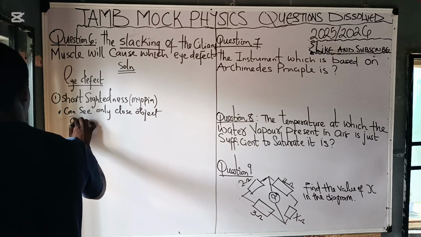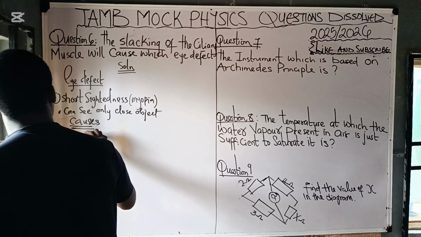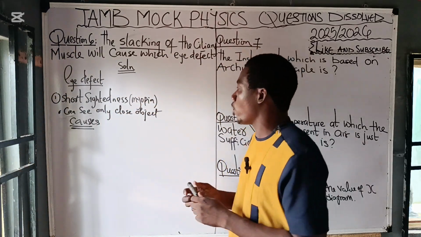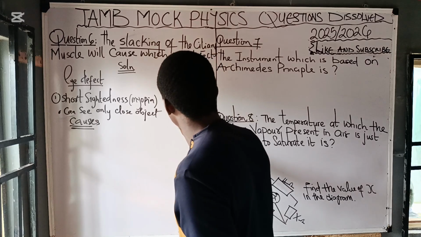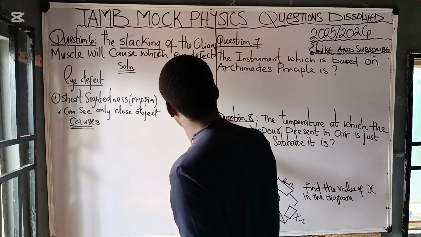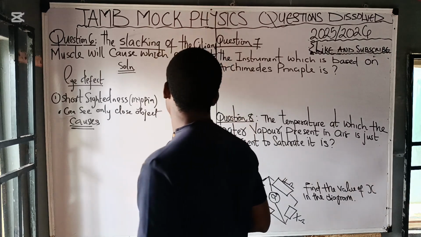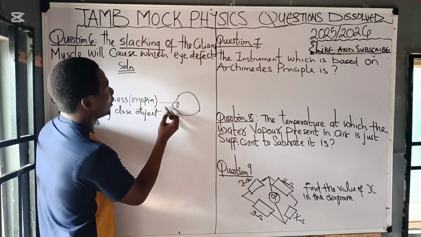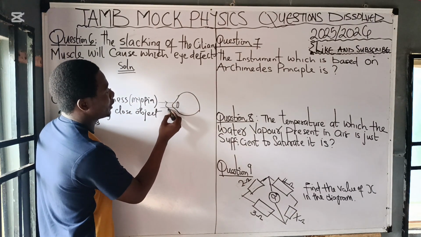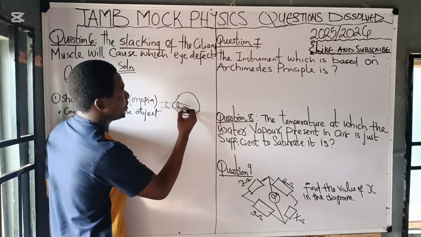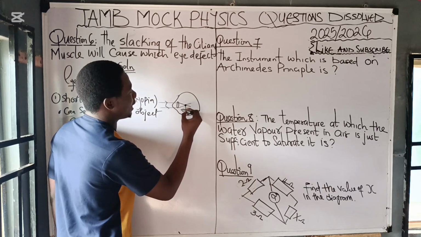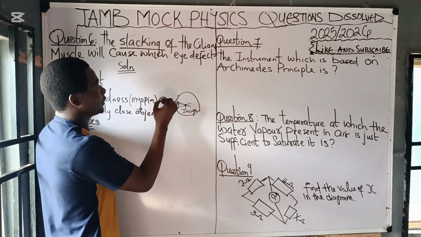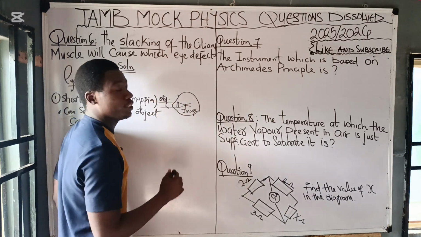What are the causes of short-sightedness? Please watch carefully. If you take a look at the diagram for short-sightedness, you have it this way. Now let's assume this is the lens. For short-sightedness, you cannot see far objects, and far objects produce parallel rays of light. Look at it. These are the rays from the object, and the rays that converge here become where the image is. This is the image.